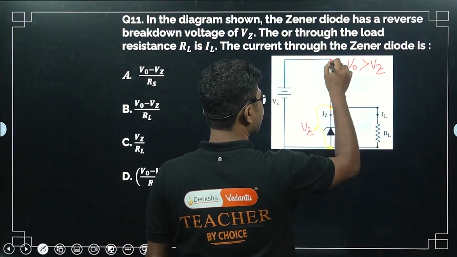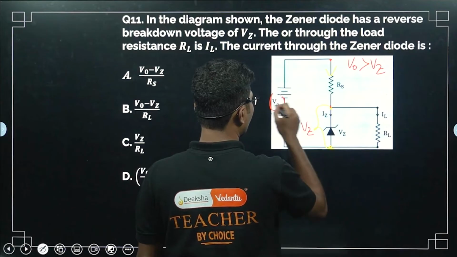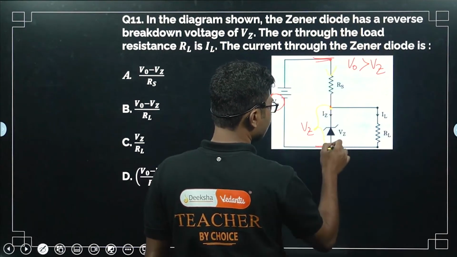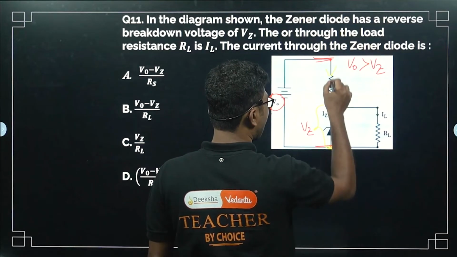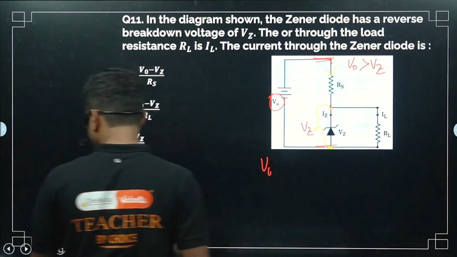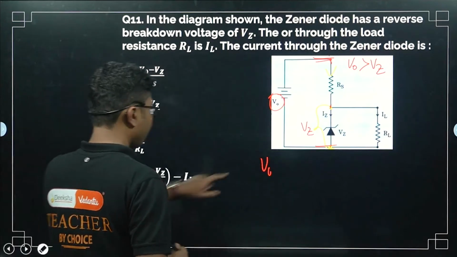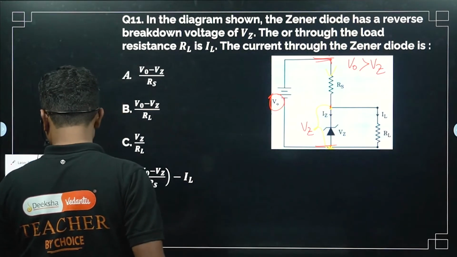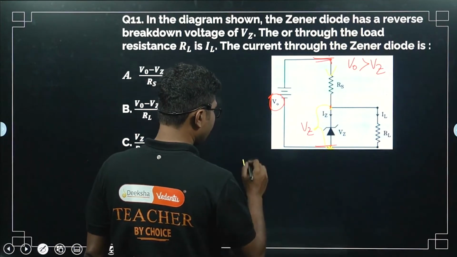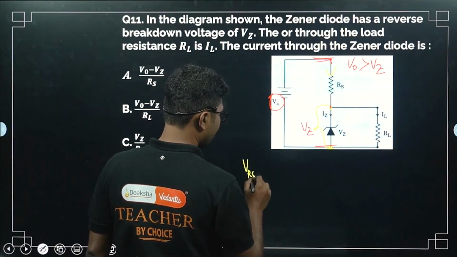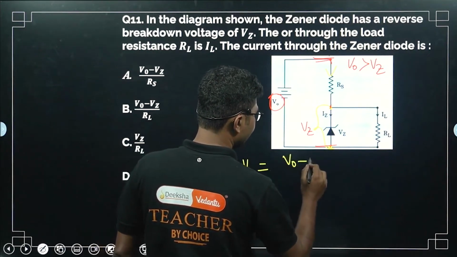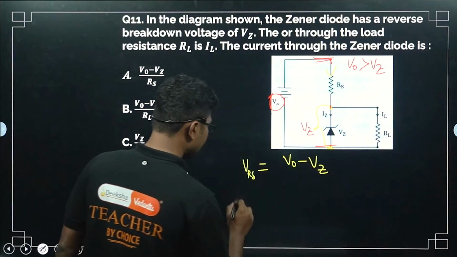Total voltage across this is VO, so across this should be VO minus VZ. So the voltage drop across RS, VRS, is basically VO minus VZ. So what is IRS?